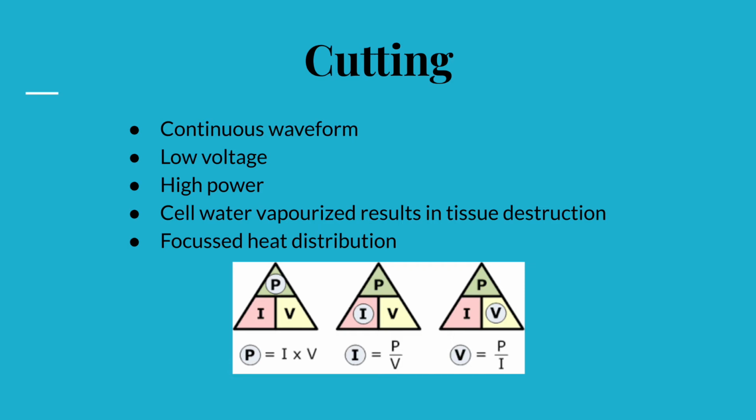So in cutting mode, first of all, it is a continuous waveform with low voltage, high power, cell water vaporization, and focused heat distribution, which can result in tissue destruction.